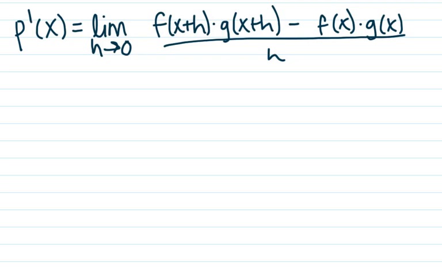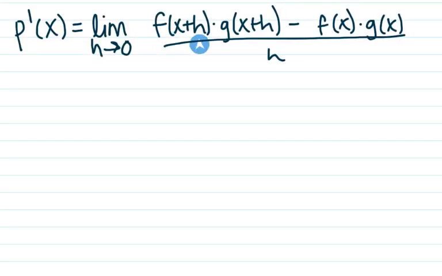When we're talking about products and thinking of them geometrically, we often think of a rectangle. That was the first way we thought of products in terms of shapes, squares and rectangles. So in our function we have this big rectangle, and we're taking away a smaller area of that rectangle.